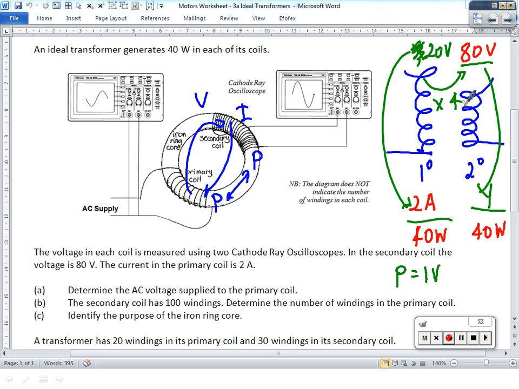So if it's a times by 4 in voltage, it must be a divides by 4 when it comes to current. So we're asked to find out the number of windings in the primary coil. If this coil here has 100 windings, that's going to have a times by 4 value to the number of windings in the primary coil, so what must the primary coil have? 25.